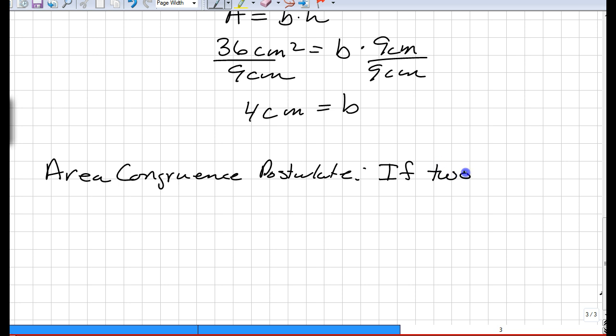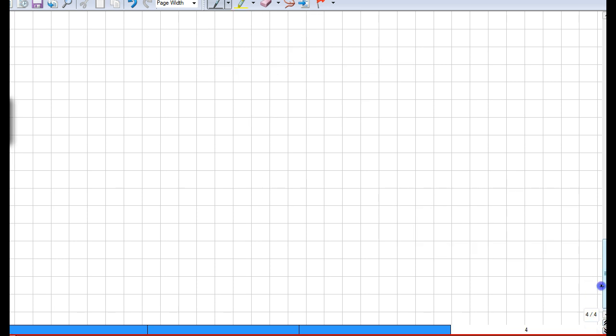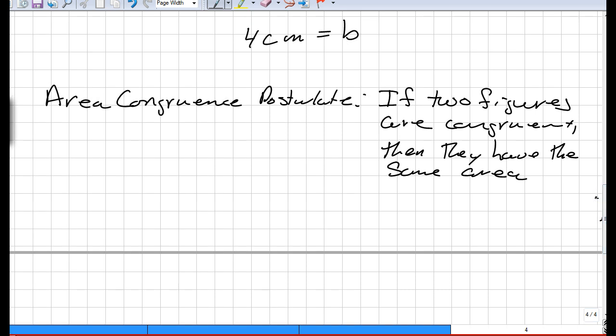If two figures are congruent, then they have the same area. Okay. Now we have to be very, very careful with this particular postulate, because the converse is not true. If two figures have the same area, they're not necessarily congruent.